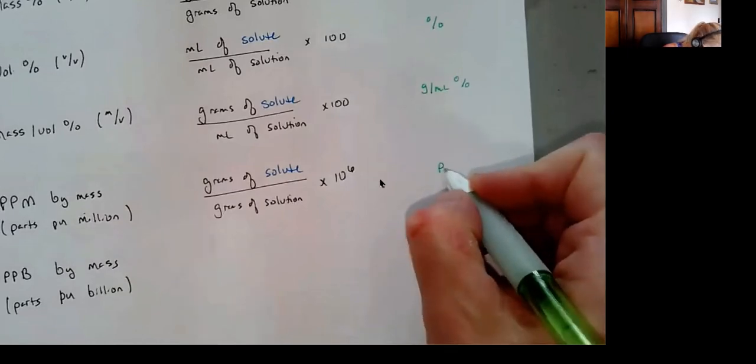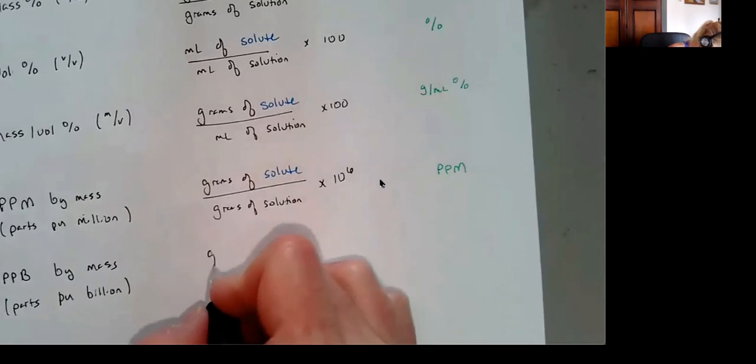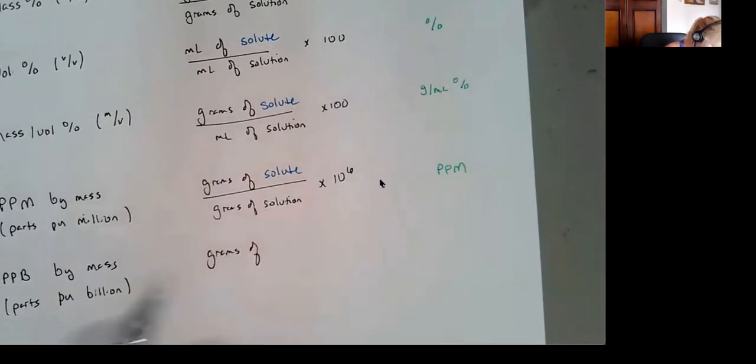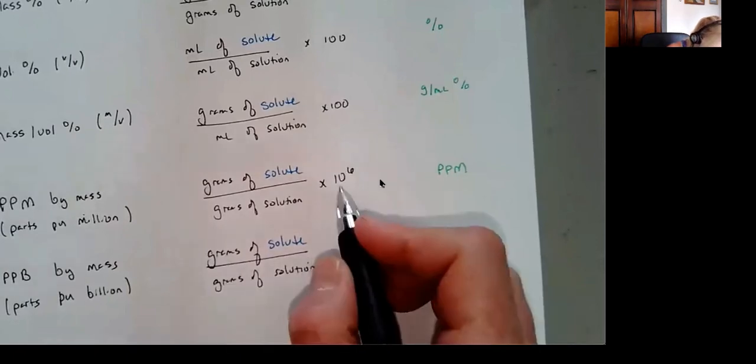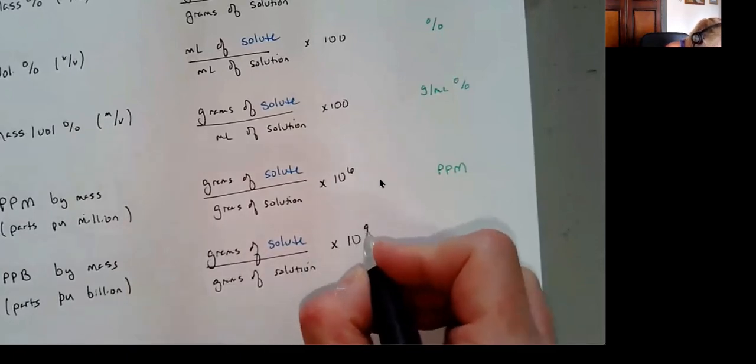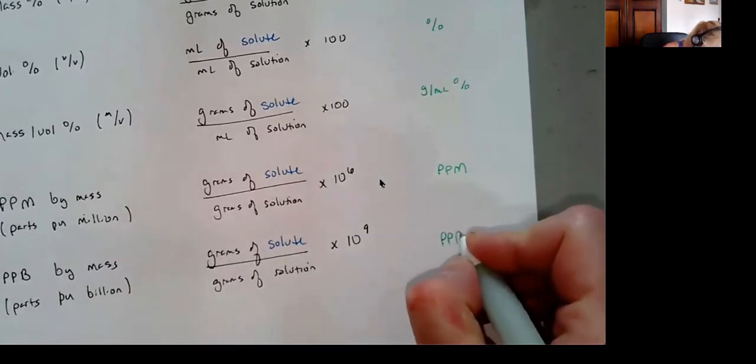The units of this are ppm. If I have ppb, it's still the same thing, grams of solute over grams of solution, but now instead of times 10 to the 6th, I'm going to do 10 to the 9th for billion, and then my units of that would be ppb.